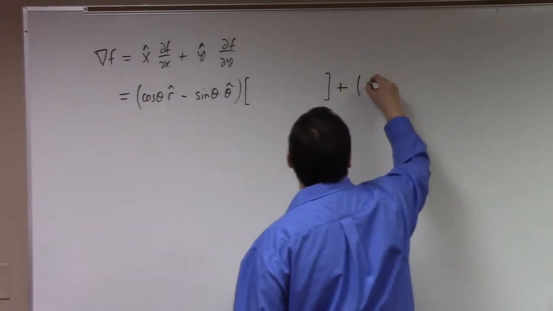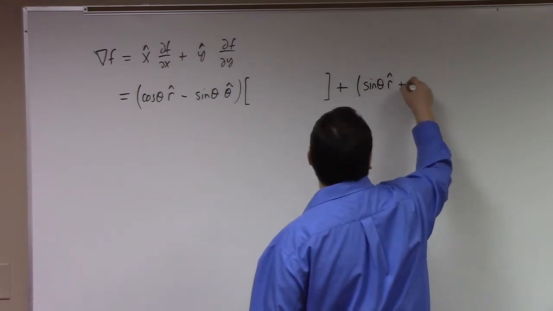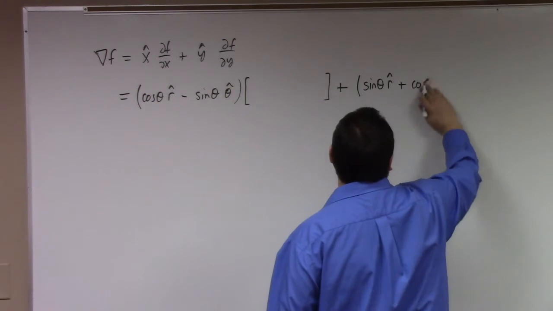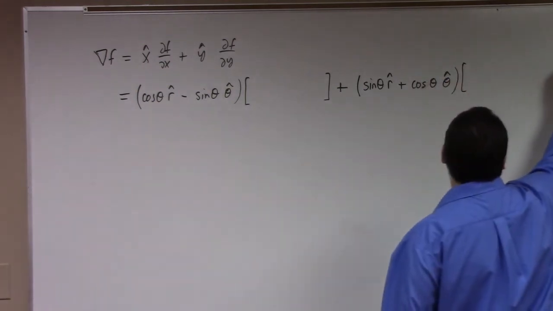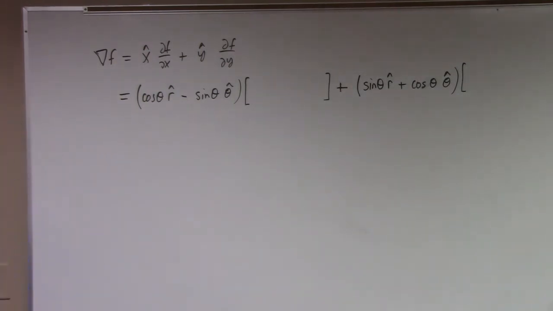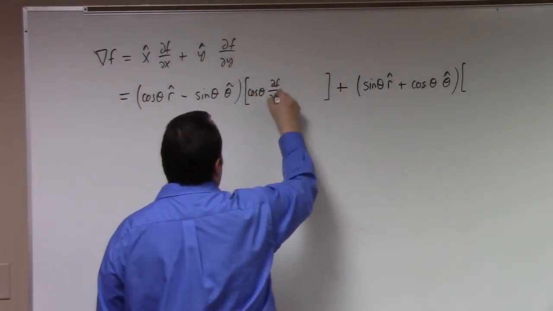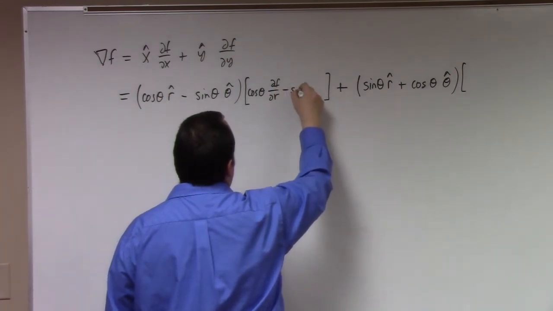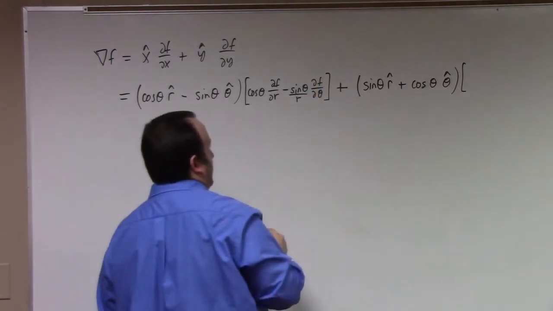Y hat is sine theta, r hat, plus cosine theta, theta hat, like so. Can you tell me how to rewrite partial f, partial x in terms of r theta derivatives? Remember, we worked this out last class. What was it? And how about partial f, partial y?